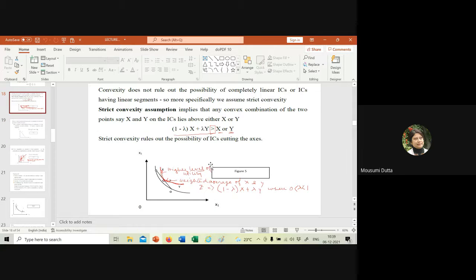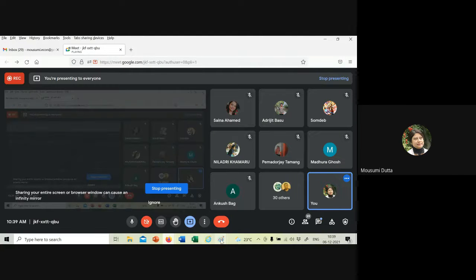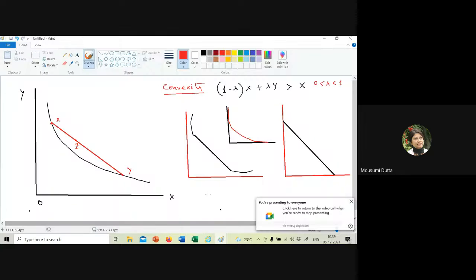This is the strict convexity axiom once again. More on the idea of convexity of the indifference curve.